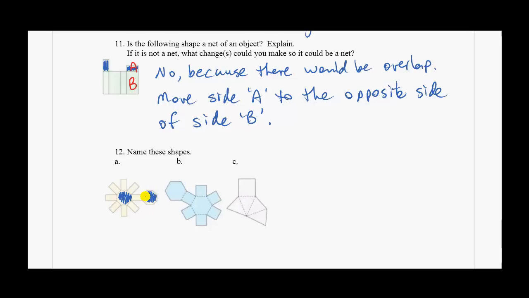The base has 8 sides. So for part A, we would call it an octagonal prism. Pardon me, we can call it a right octagonal prism.